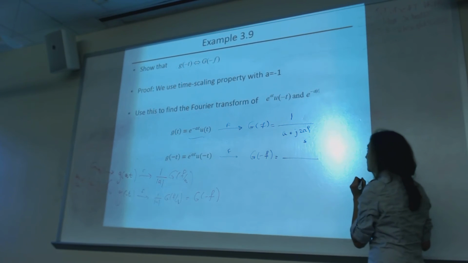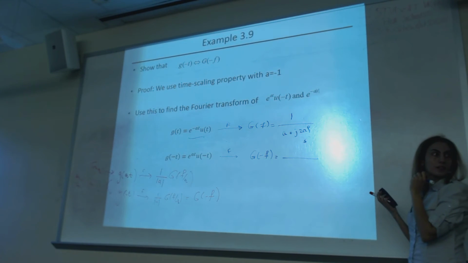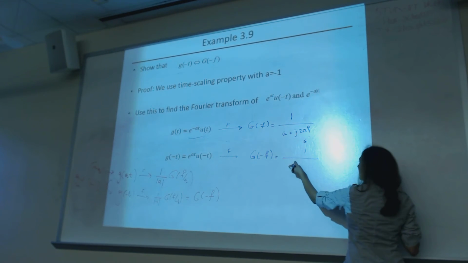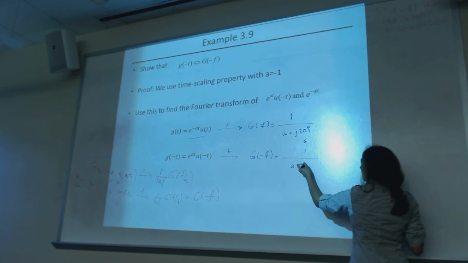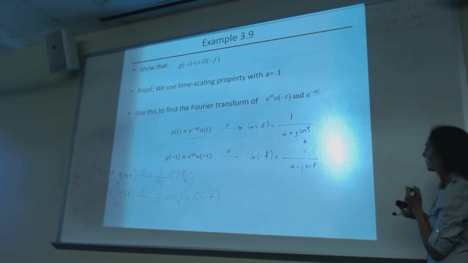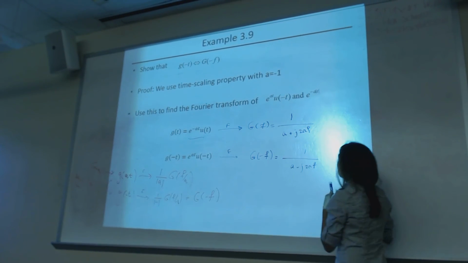What's G of minus f? Anybody here? 1 over a minus j 2 pi f. Good, instead of f, just minus f. Very simple: you negate the time, you negate the frequency.